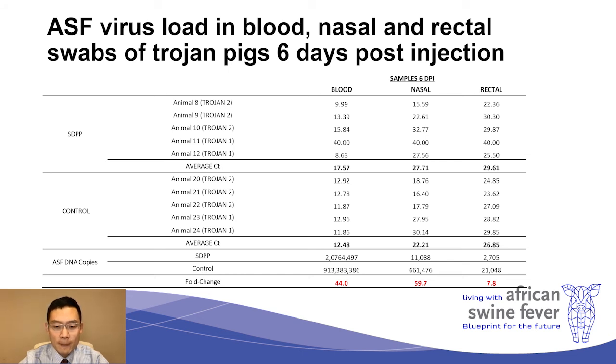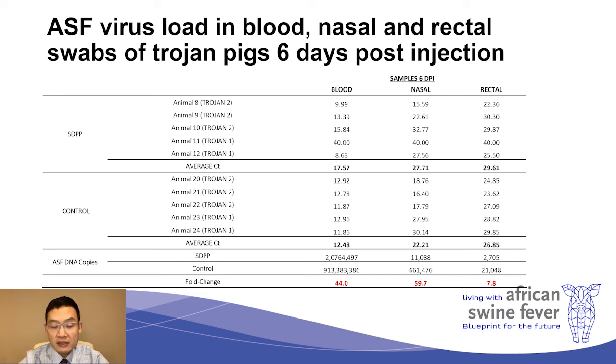And this slide really shows the Trojan pigs 6 days post injection, and what the viral load is between groups. As you can see, on the top is the plasma group, on the bottom is the control group.